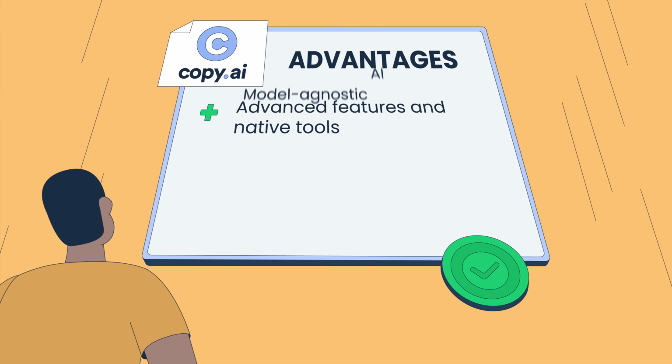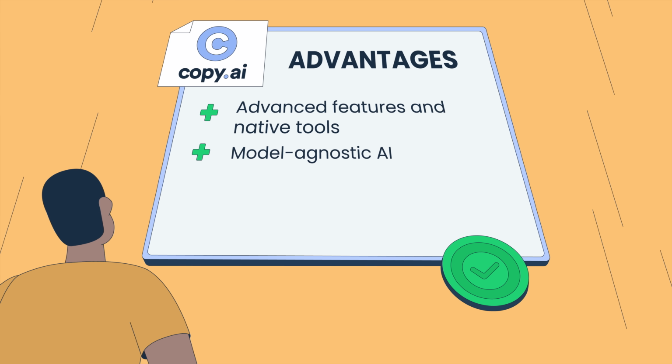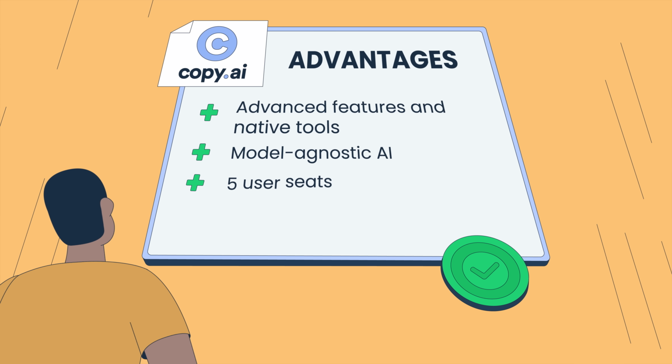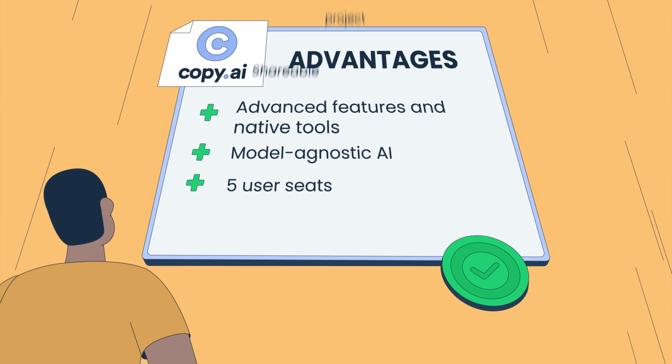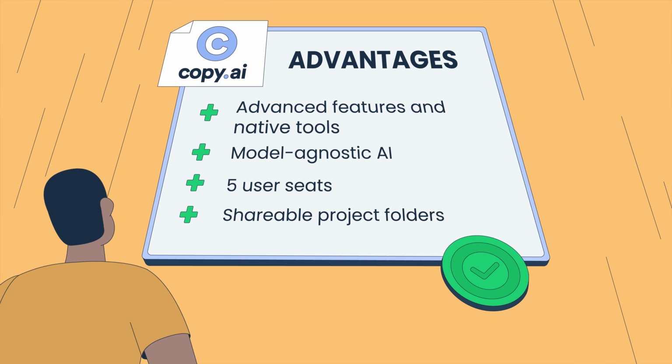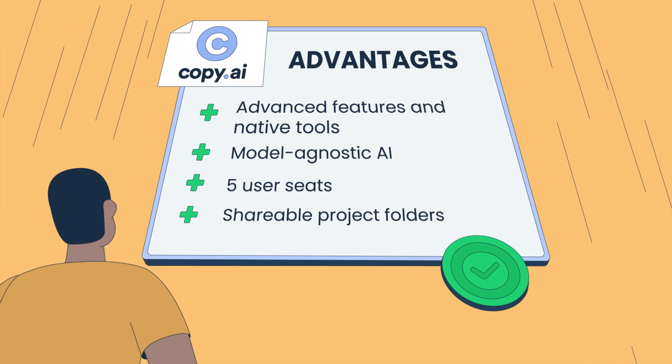Copy AI is AI model agnostic, offering flexibility by working with multiple AI models, while ChatGPT relies on a single model. Finally, Copy AI facilitates collaboration through 5 user seats and shareable project folders, and doesn't require you to send personal login credentials, so you can work with your team, which isn't the case with ChatGPT.